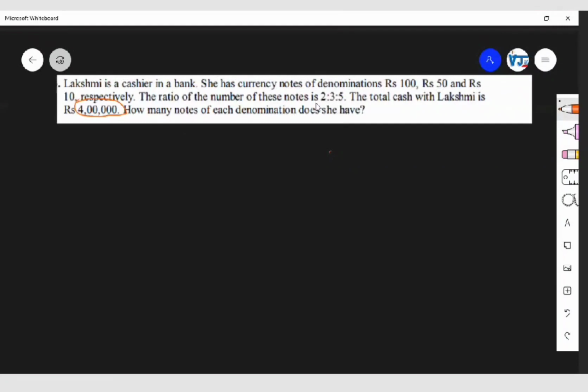Here the number of notes are in the ratio. Whenever a ratio is given, we can take the common multiple to be x. Let the ratio common multiple be x.